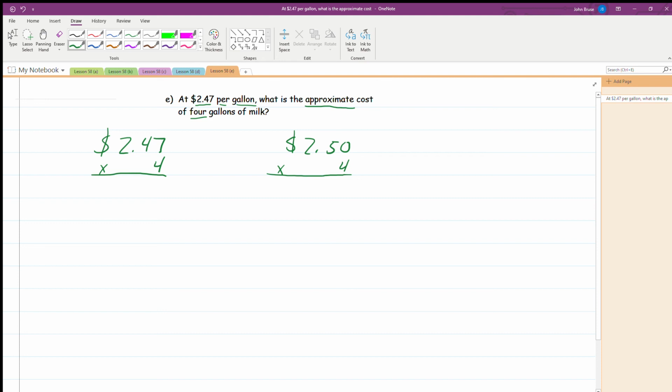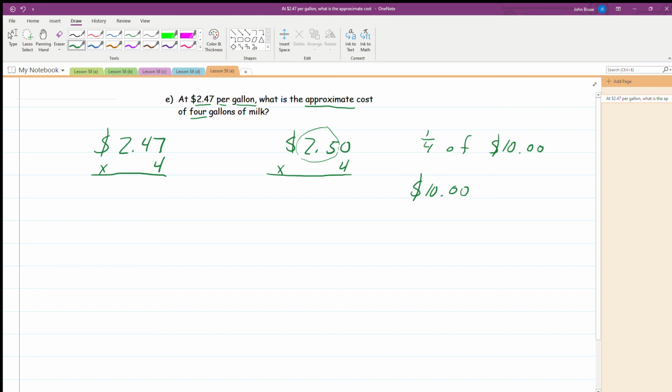But I can do this in my head because I know that $2.50 is a 1/4 of $10. Because 25 cents, that's this part right here, 25 cents times 4 is 10. So $2.50 times 4 would be $10. So I know that my answer approximately would be $10 because I multiplied $2.50 times 4.